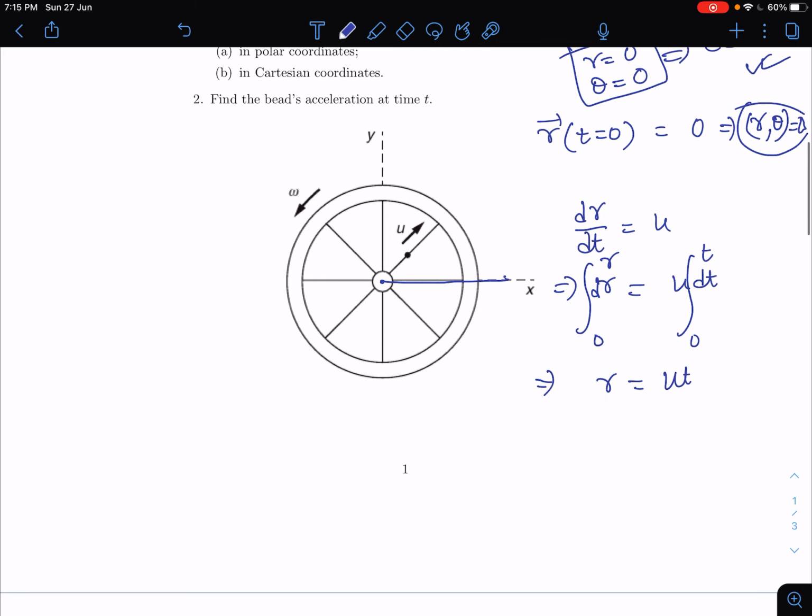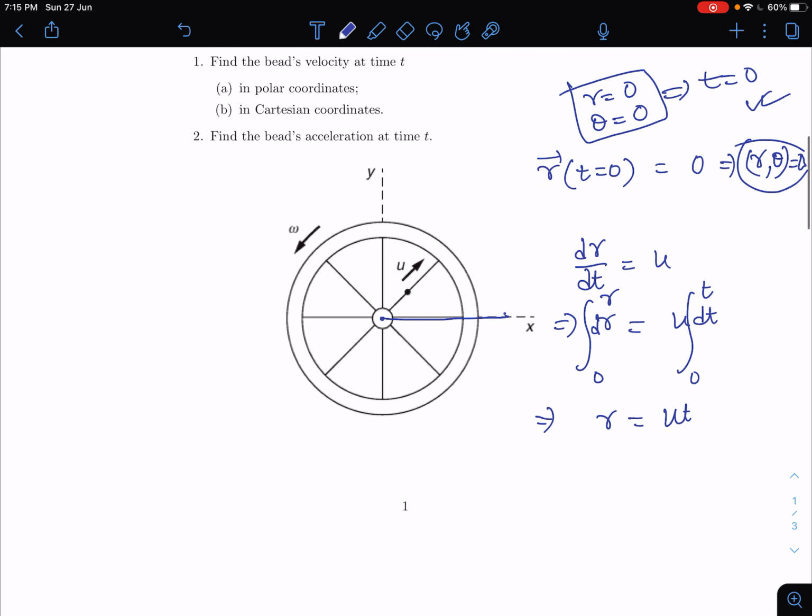In the similar case, since theta was 0 and it has been given that d theta by dt is omega, using the similar logic as we applied for the radial motion, theta is also omega t, since theta is 0 at time t equals to 0.